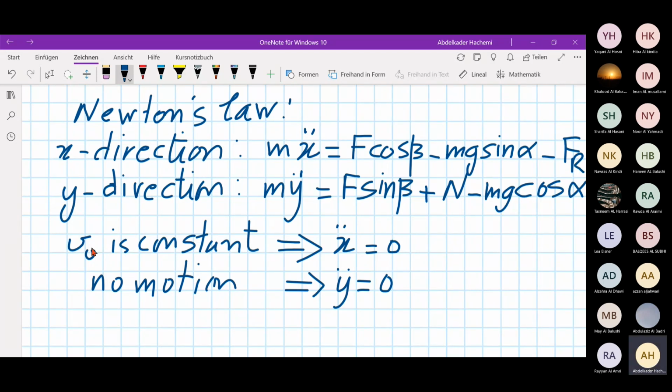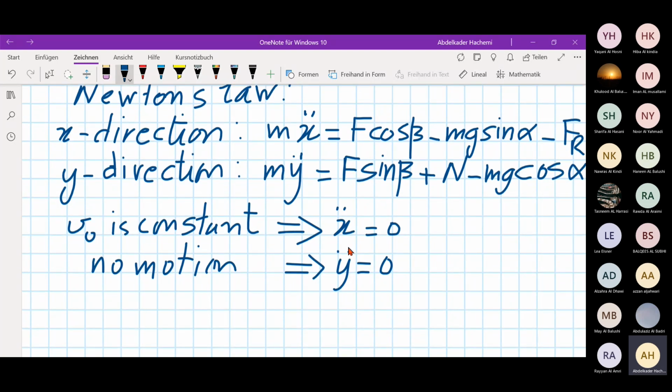As V0 is constant, the time derivative of V0, which gives the acceleration, will be equal to 0. Then it's like we are dealing now with a static problem.